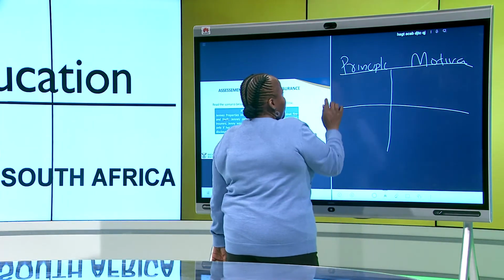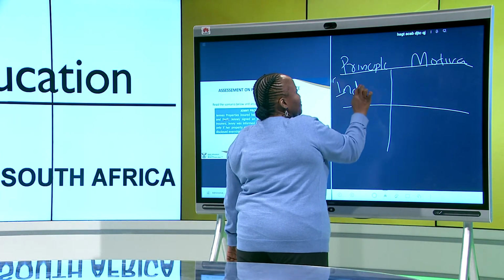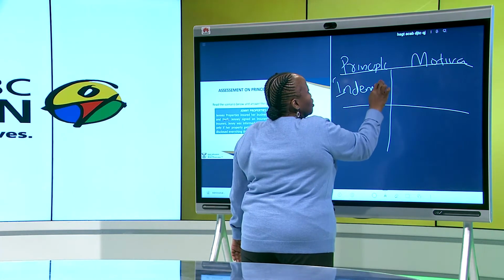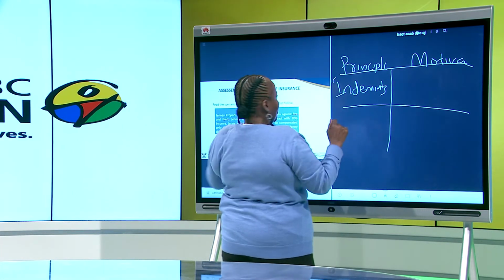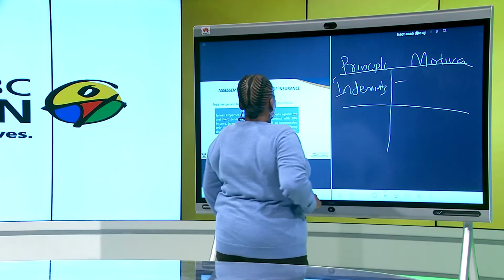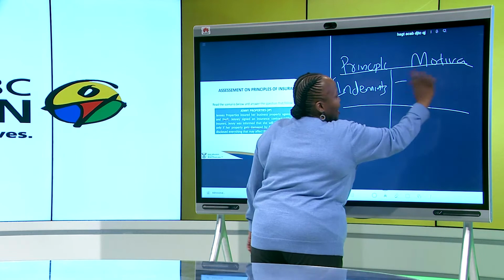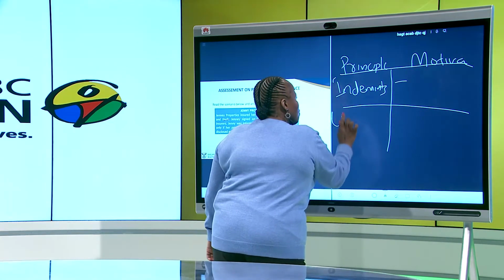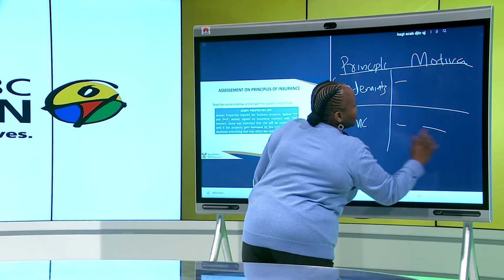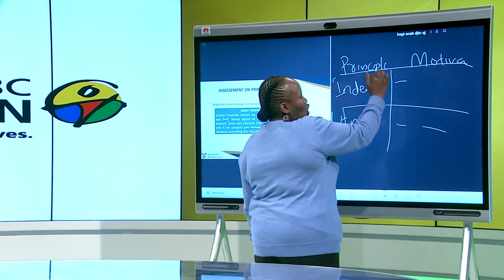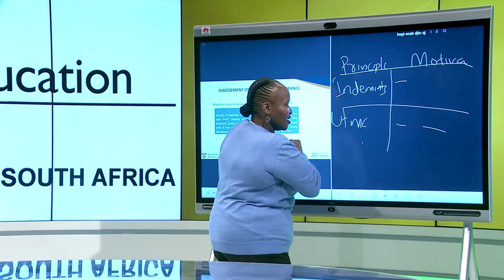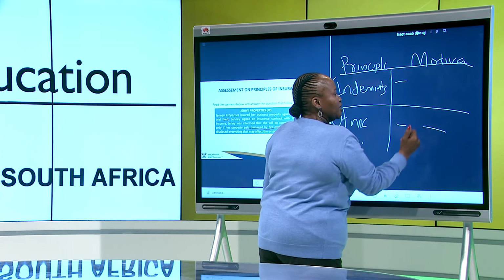So if you say indemnity, principle of indemnification or indemnity, you need to quote as is from the scenario. Why? That Jenny will be compensated if the property gets damaged by fire and theft. Then you say utmost good faith. Then motivation.